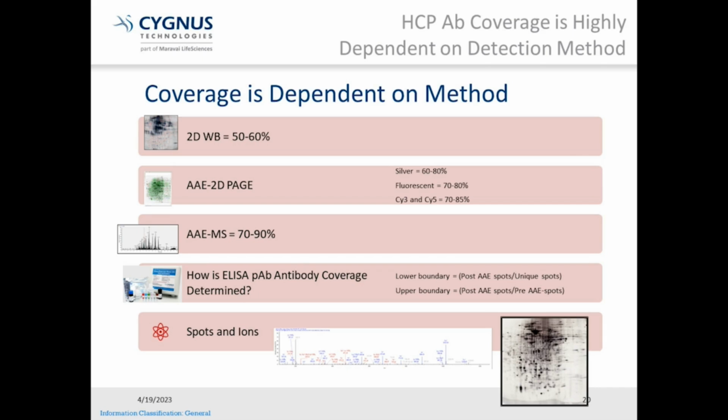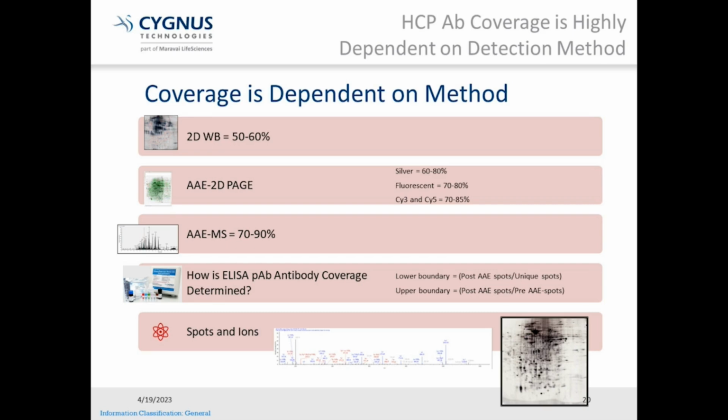So I spent a lot of time talking about coverage ranges, but how do we determine ELISA polyclonal antibody coverage? We use ranges, and that range is developed by using a lower and upper boundary to obtain that antibody coverage range. The lower boundary is calculated by the post-AE spots divided by the number of unique spots.